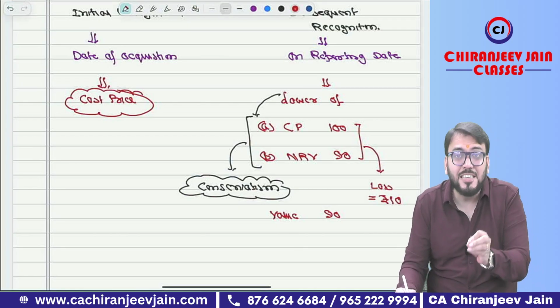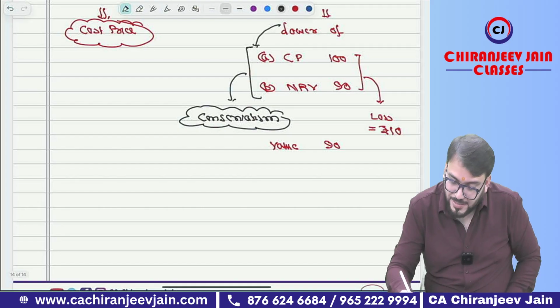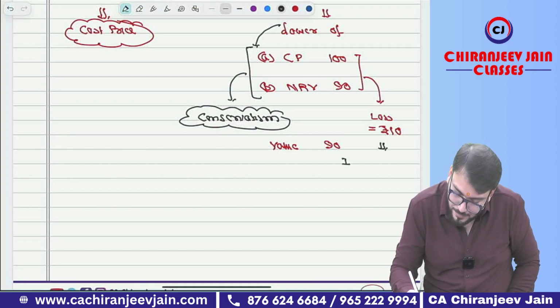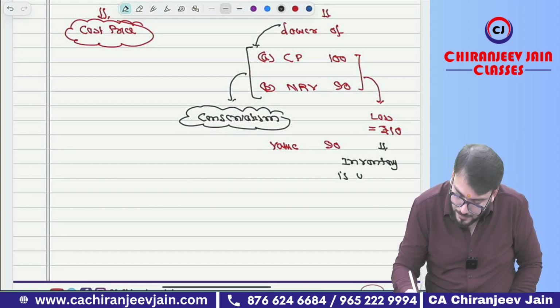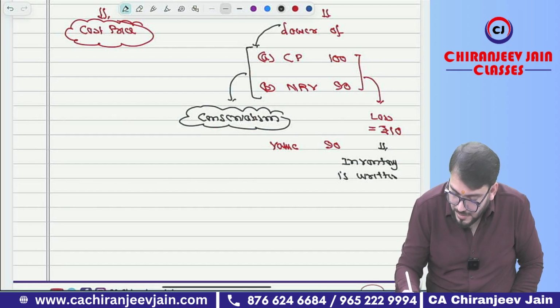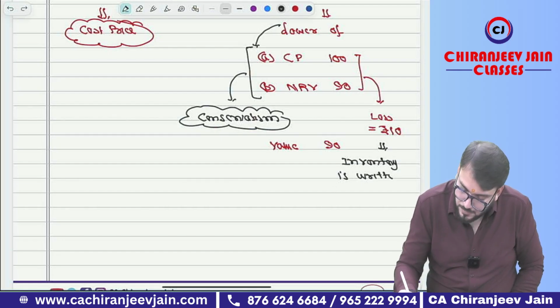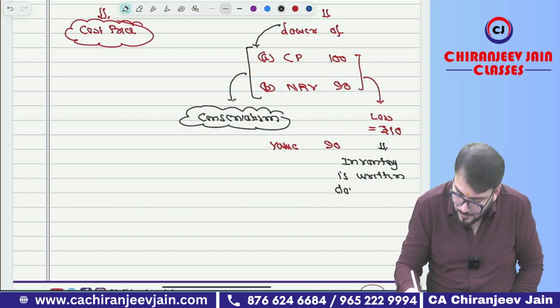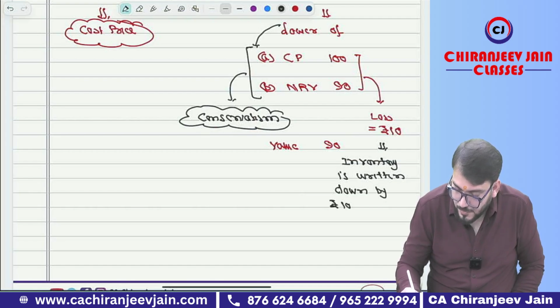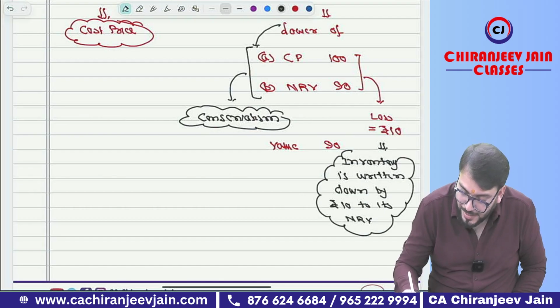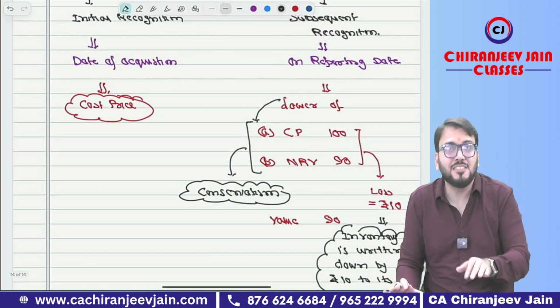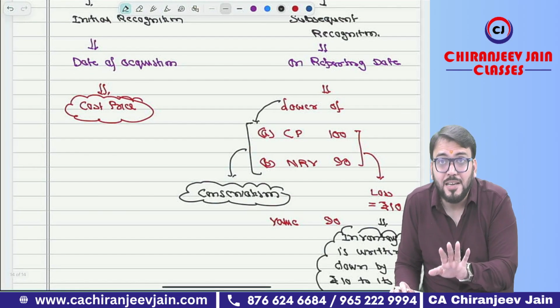So we say inventory is written down by rupees 10 to its NRV. When I say written down, it means the loss, and that loss will be charged to the P&L account. This is your subsequent recognition.